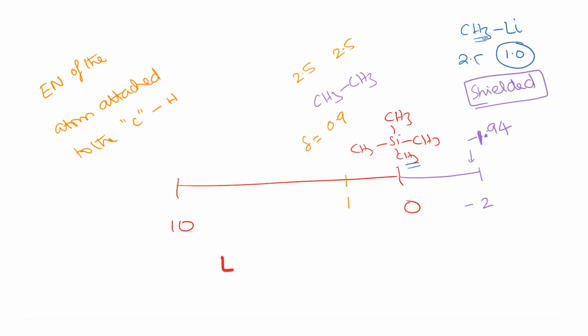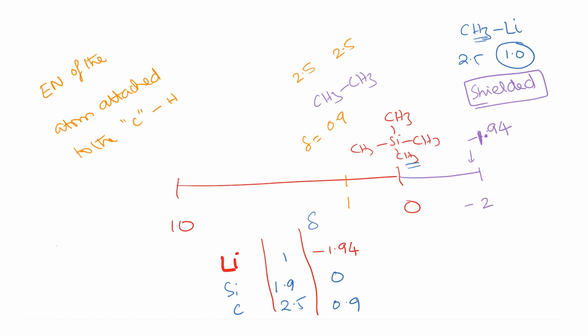Lithium has an electronegativity of 1.0, silicon is 1.9 and carbon is 2.5. And the chemical shift, the delta value, is minus 1.94 for lithium, 0 for silicon, that is TMS, and 0.9 for carbon.